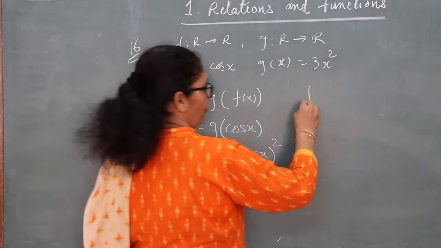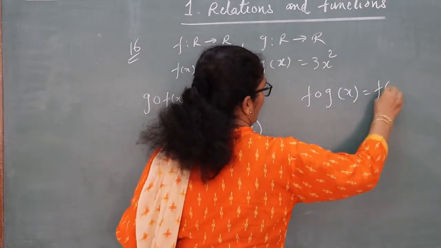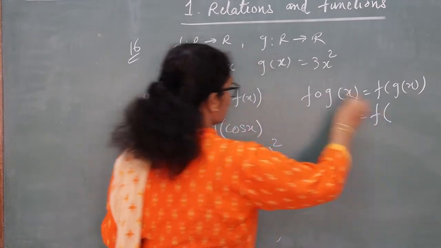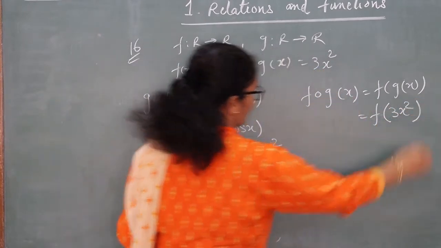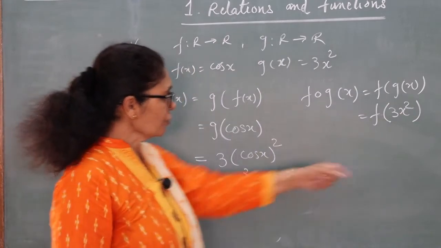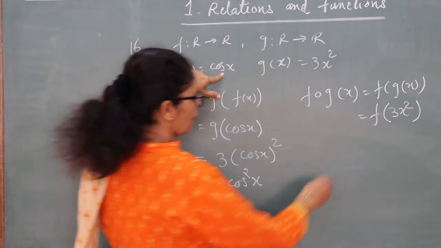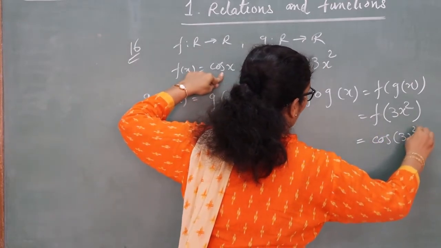Now let's find f over g. f over g of x. So f of g x. So what is your g x here? 3x square. So we write 3x square directly. Now what is your x? 3x square is your x for f x, and in place of x you have to write 3x square. So what do you get?